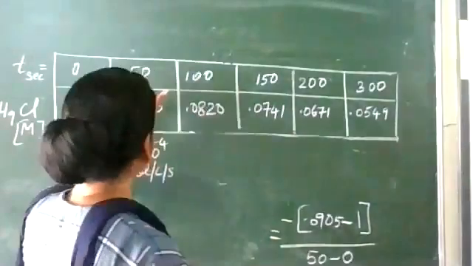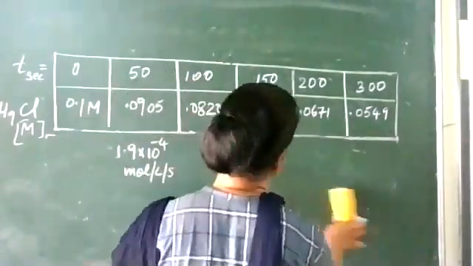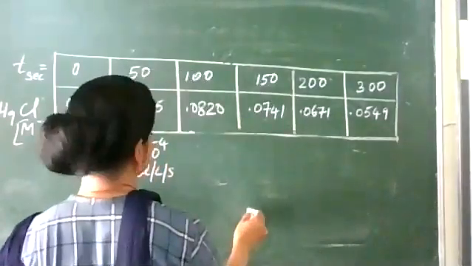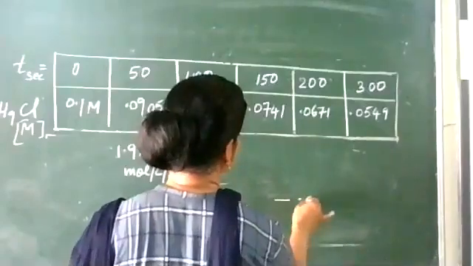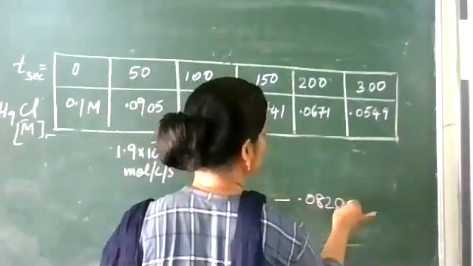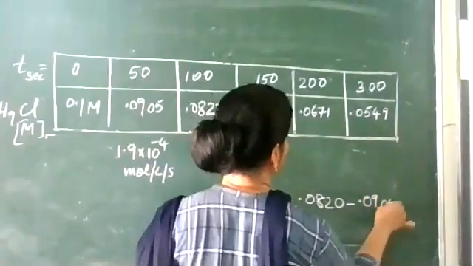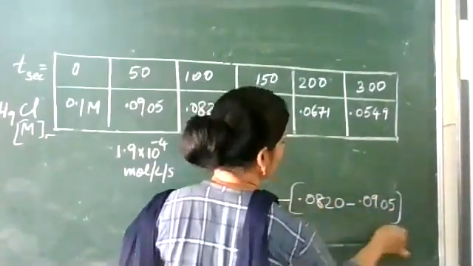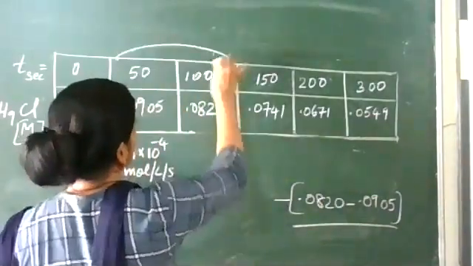Now, between this interval, we are going to find the rate, which is minus 0.080 minus 0.0905 upon delta T. What is delta T between these two intervals?